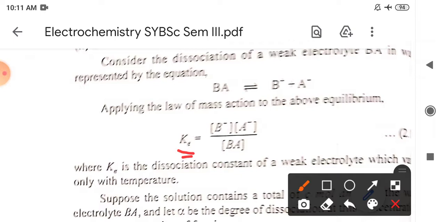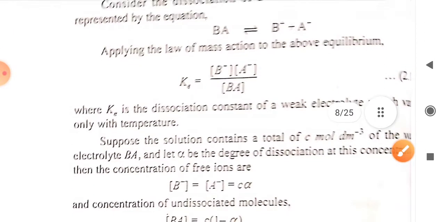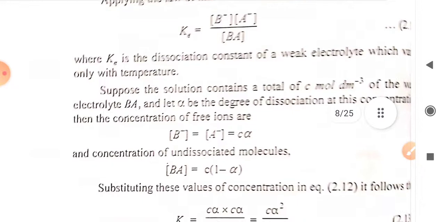Considering the dissociation of a weak electrolyte BA into B plus and A minus, applying the law of mass action to the above equilibrium, we get the concentration of products upon the concentration of reactant. This is also called the dissociation constant of a weak electrolyte, which varies only with temperature.